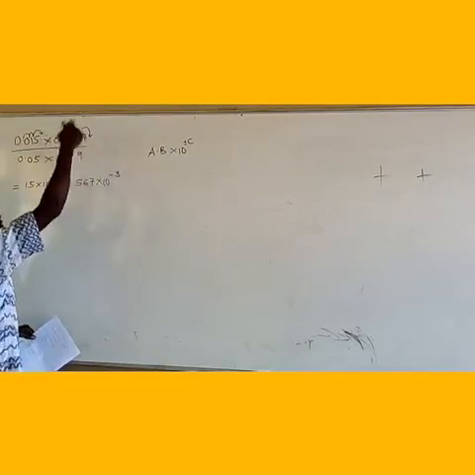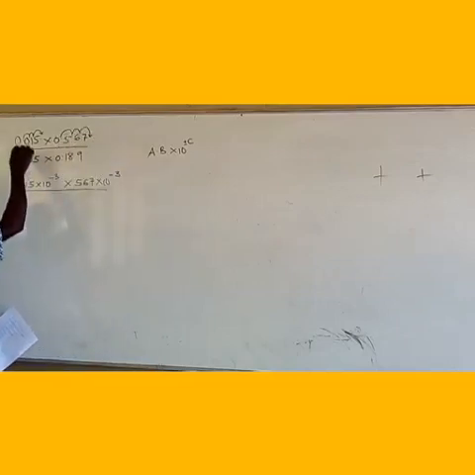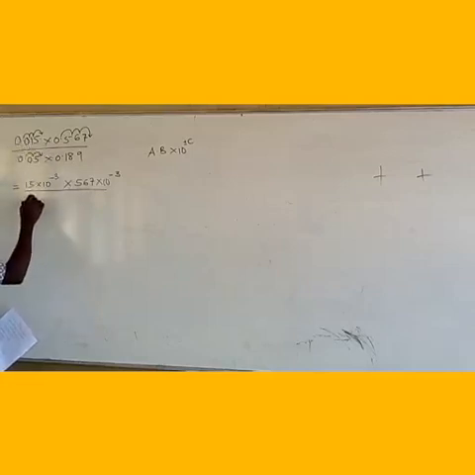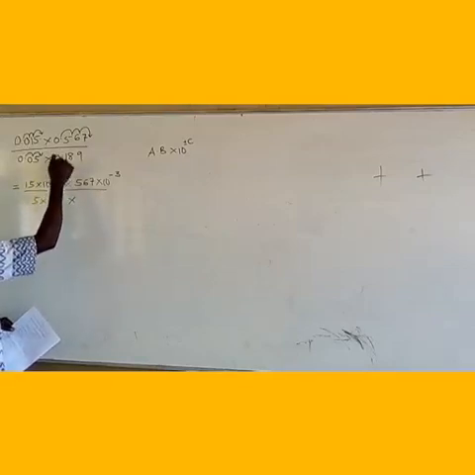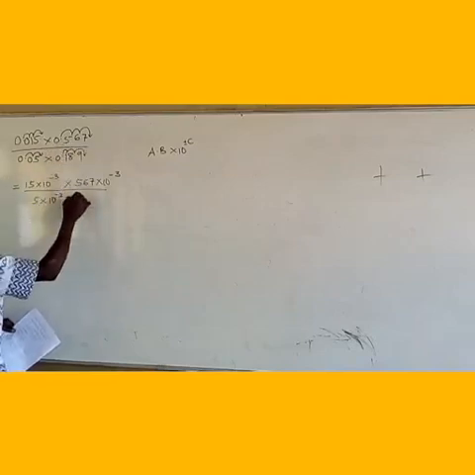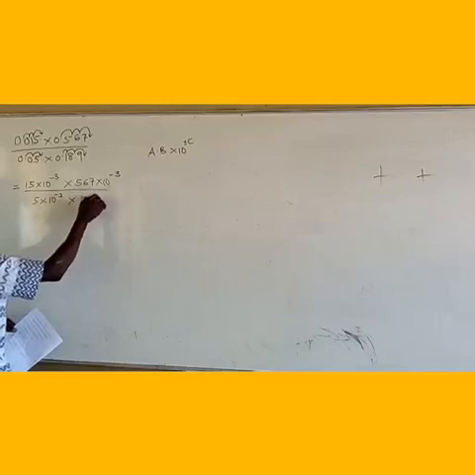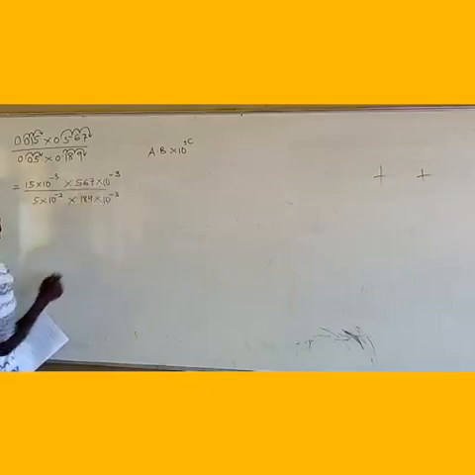All divided by this: moving the point to the right 2 times gives 5 times 10 raised to the power negative 2, times 189 times 10 raised to the power negative 3.